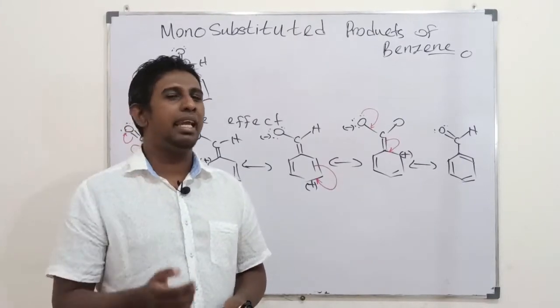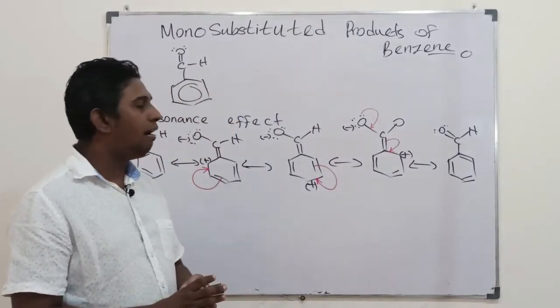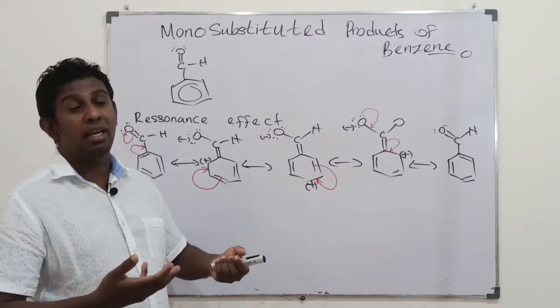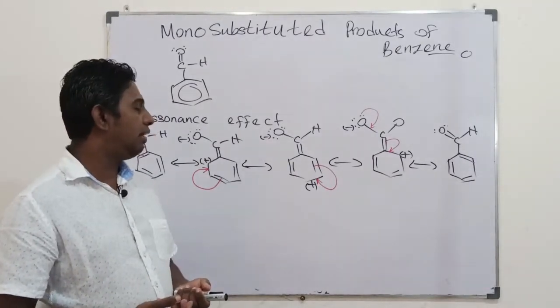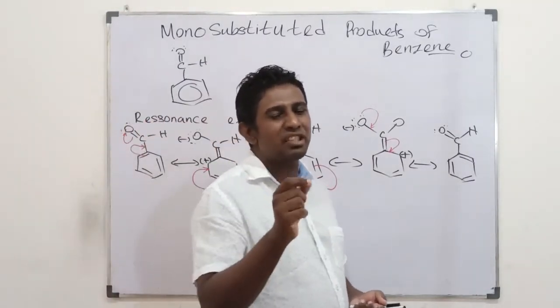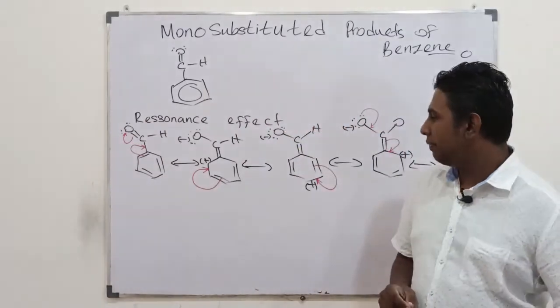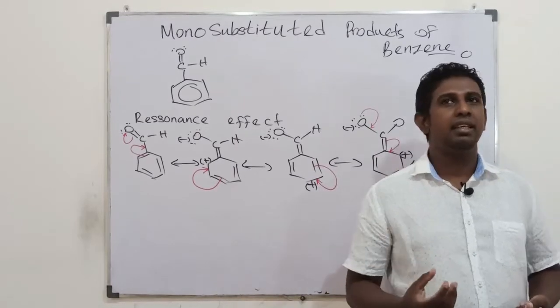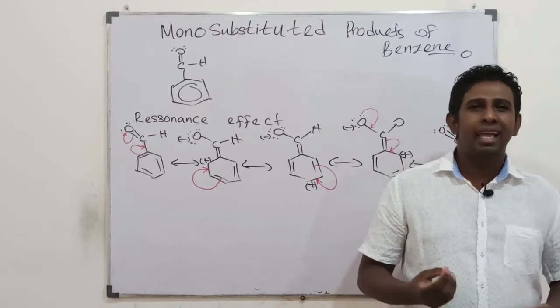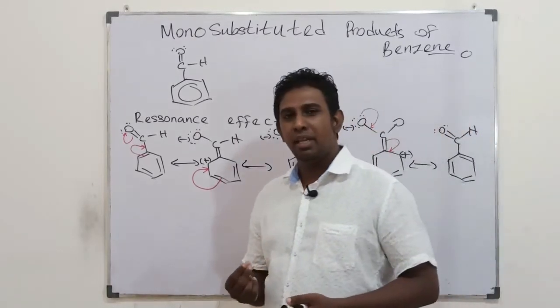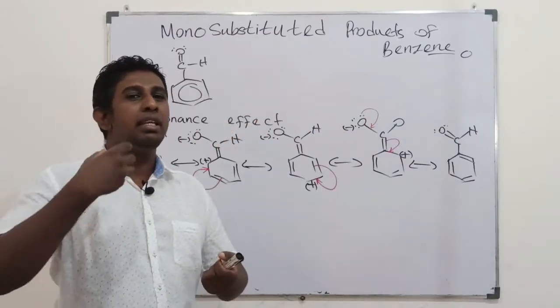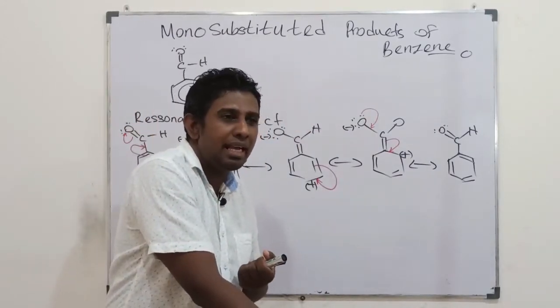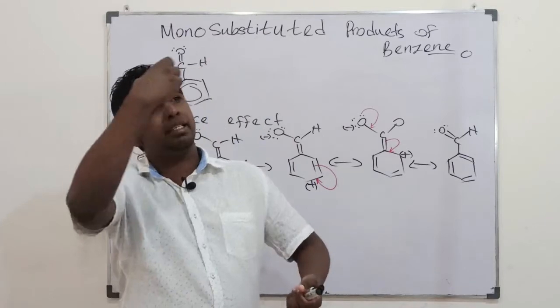It indicates that you have a positive charge on benzene. Therefore, it lacks 1 electron on benzene. Therefore, its electron density has been affected. It has been reduced, it has been lowered. This aldehyde group is then not giving electrons towards benzene. It's taking electrons from benzene.